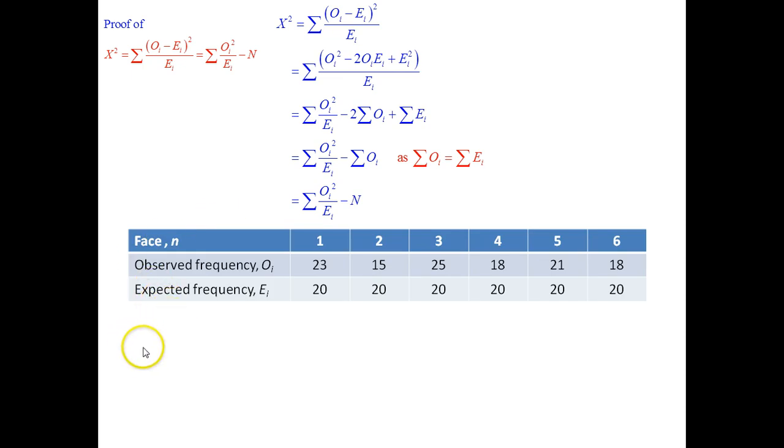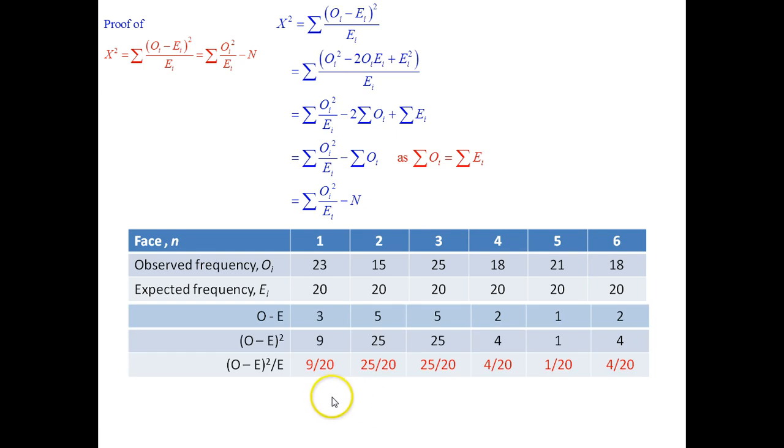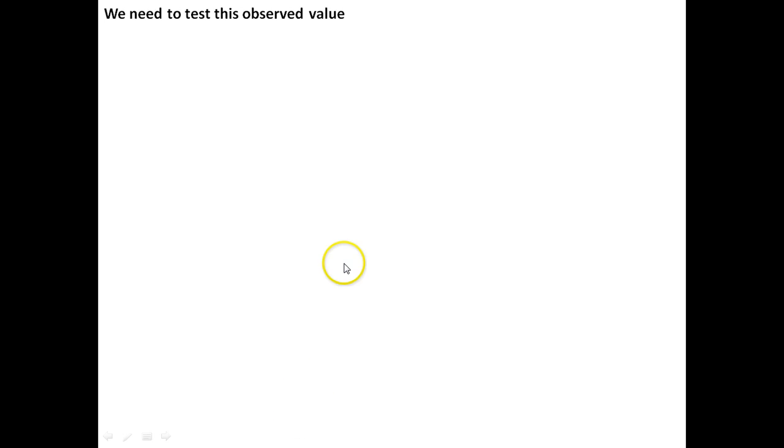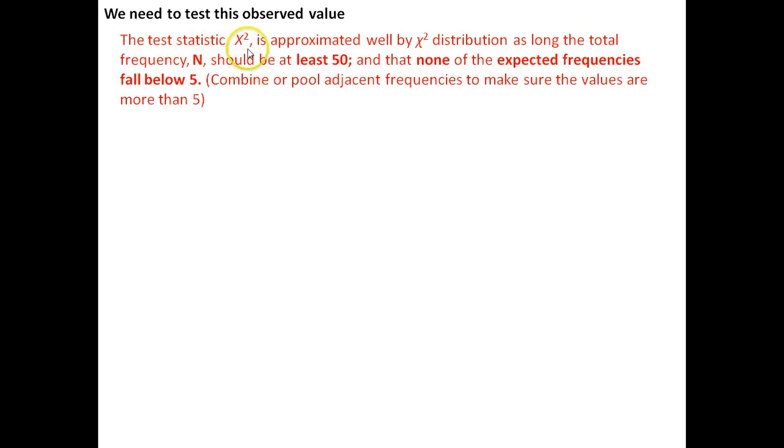So back to our frequencies. There's the observed and there's the theoretical, the expected. If we take them away, square them, divide by E, add them up, we get 3.4. So that is an estimate for the chi-square distribution.